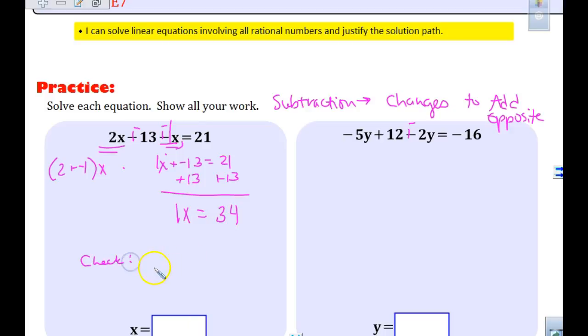Tell me what I am writing, Zach, for my check. Where do I want to go to do the check? What do I have to do? Haley, can you help him? Just rewrite the answer, but replace x with 34. So when I think about my original problem, I'm going to go back to the original, right?